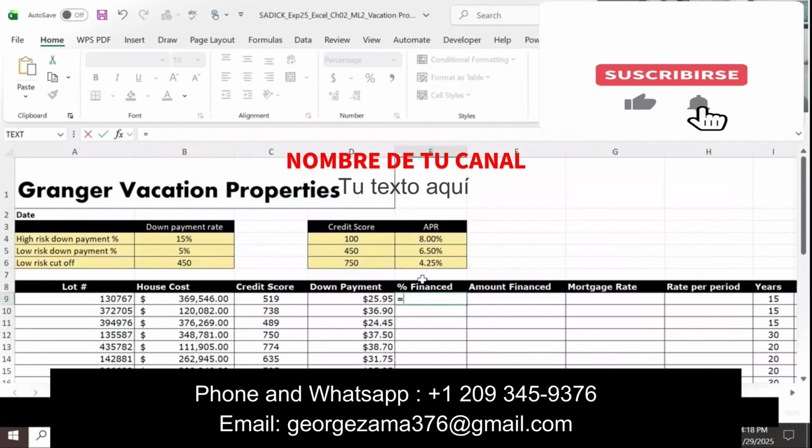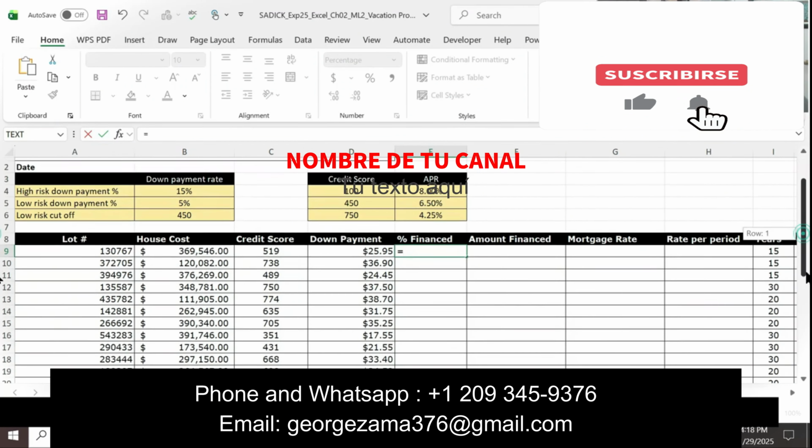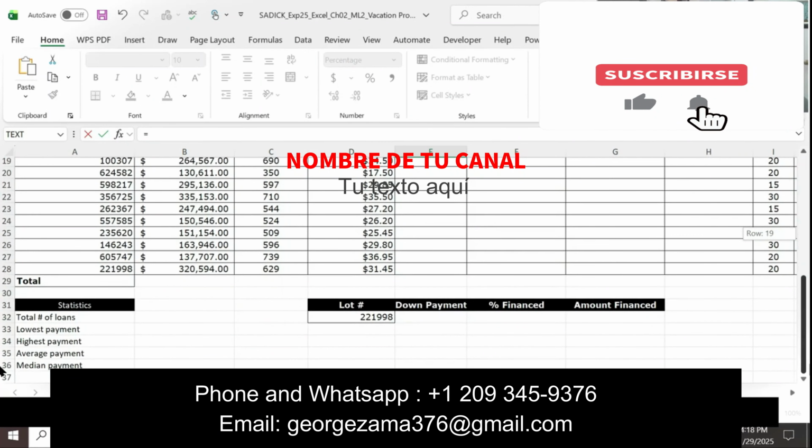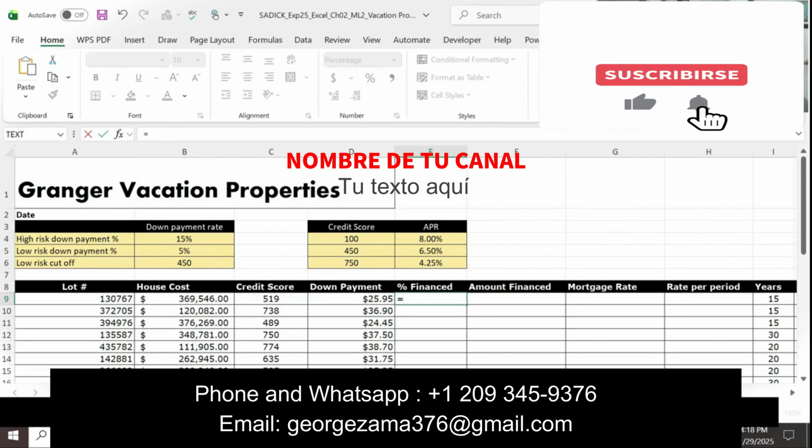Where is amount finance? We have to find where amount finance is. Okay, this one.